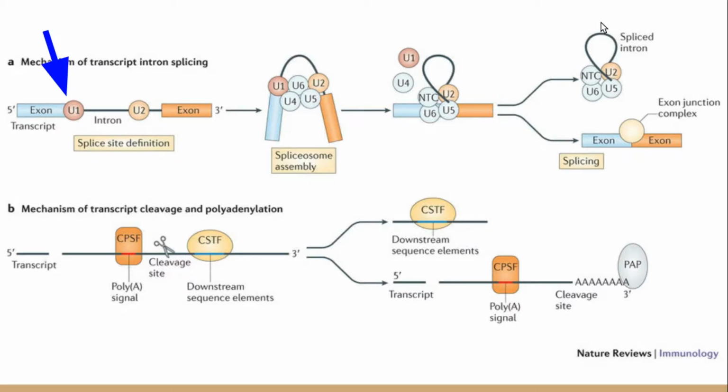I'm not going to go down that rabbit hole, but just be aware that SR proteins are dynamically shuttled and they're regulated by phosphorylation. And that's one important mechanism of coordinating alternative splicing: modulating SR protein dynamics.